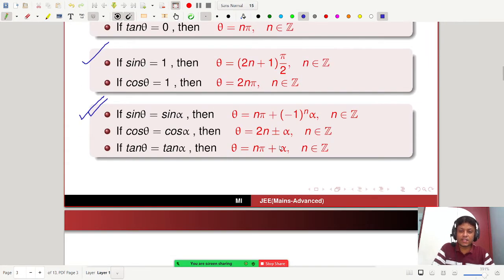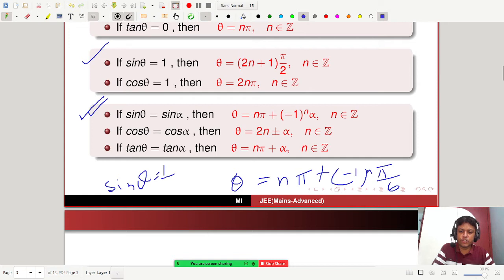So in that case, if you have cos theta equal to half, suppose, so that is cos pi by 6, 30 degree, half. So you have to write theta equal to n pi plus minus 1 whole to the power n times pi by 6, because you have sine theta equal to half.